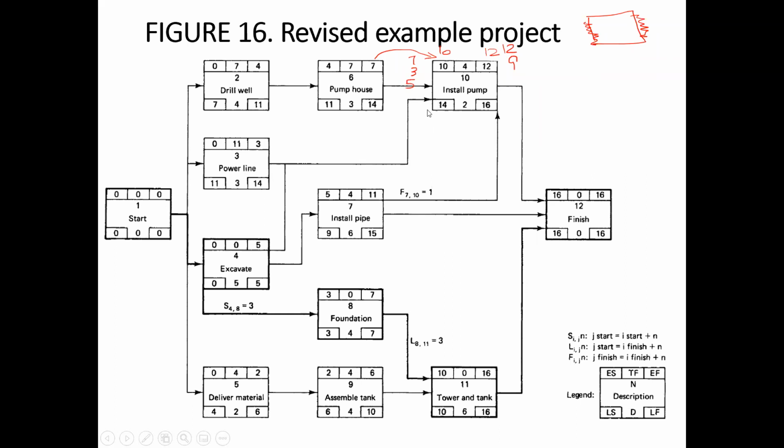But after each change, you have to look at the diagram as well, to see whether other activities are affected or not. So if making a change in the power line is also affecting the install pump, you also have to update the install pump as well.